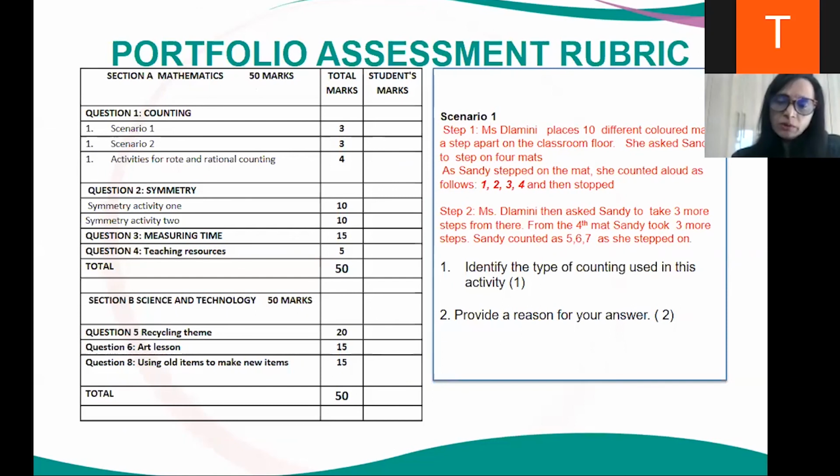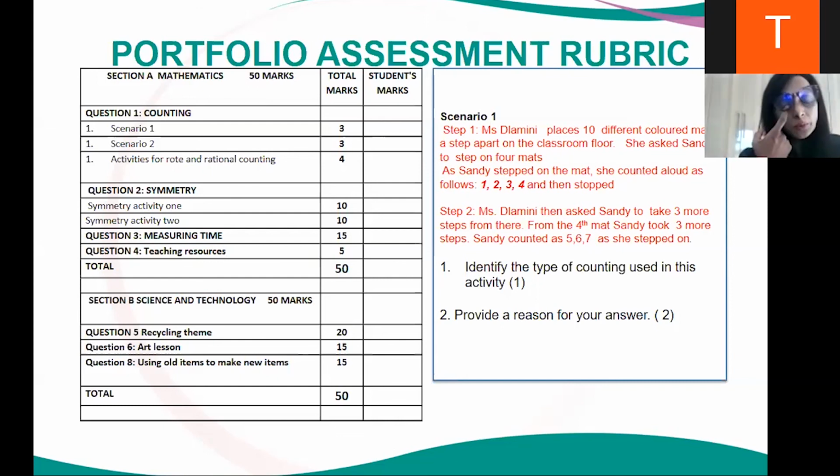It's important for you to know how you are going to be awarded marks so that you know exactly where you need to spend more time and give more information, okay? You'll find the total marks and the student's marks. In your portfolio, the marker will complete the column on the extreme right that says student's marks, right?